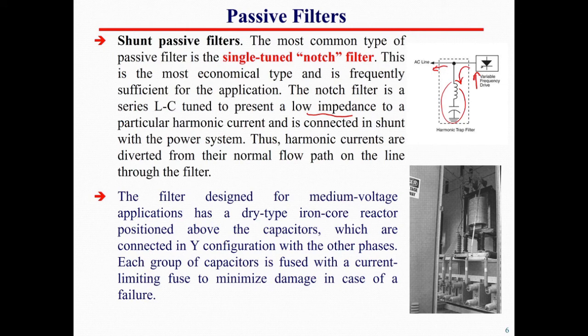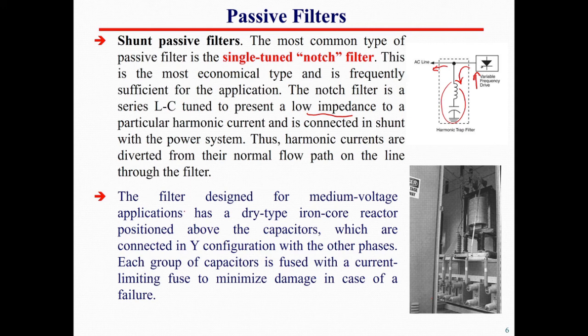Okay, this is one kind of harmonic filter, and you can see that over here we have the inductance. So this part with the coil is the inductance, and then those parts will be the capacitance.